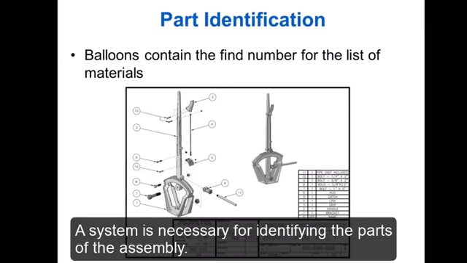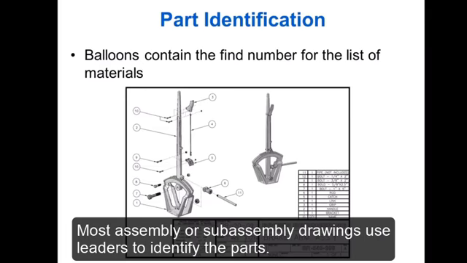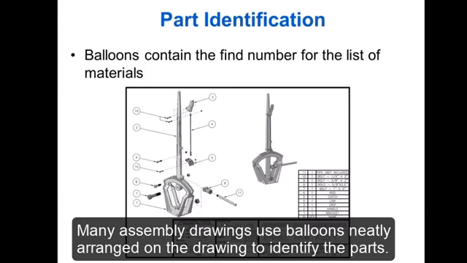A system is necessary for identifying the parts of the assembly. Most assembly or sub-assembly drawings use leaders to identify the parts. Many assembly drawings use balloons neatly arranged on the drawing to identify the parts.